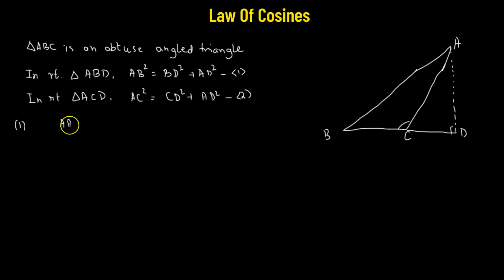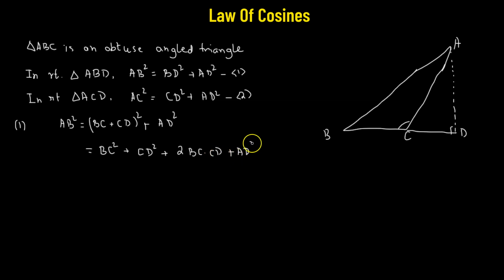So here we have AB squared equals BD squared. BD can also be expressed as BC plus CD, whole squared, plus AD squared. We're going to expand it. Expanding it gives us BC squared plus CD squared plus 2 times BC times CD plus AD squared.